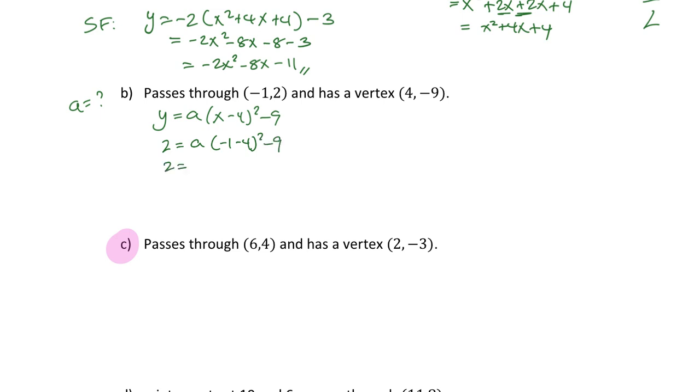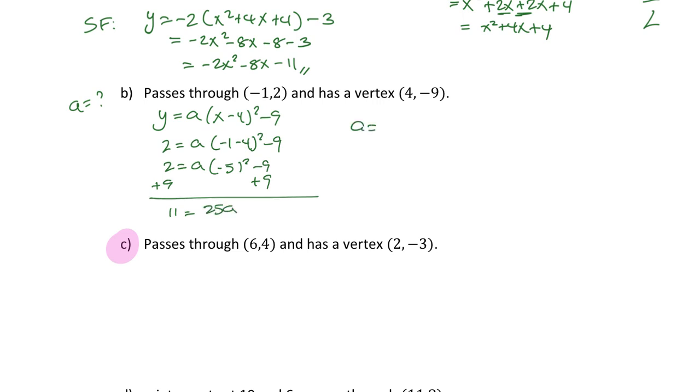So I got 2 equals a times -5 squared minus 9. This is 25a. I'm going to add that 9 on both sides, so I got 11 equals 25a.